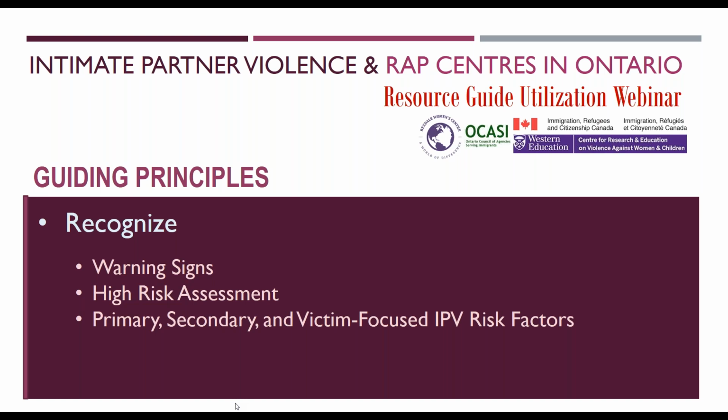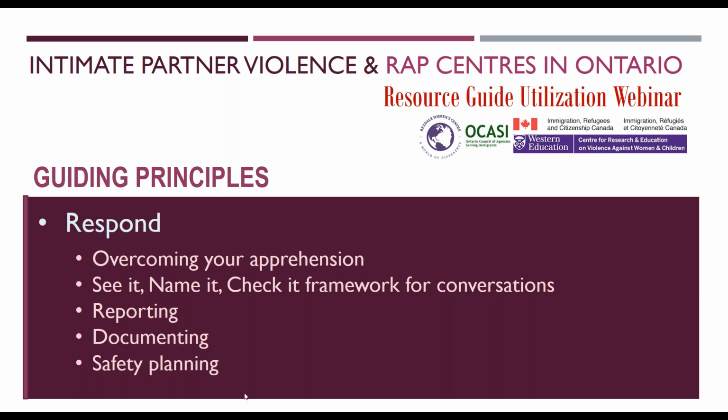Signs of high risk obviously are factors that have been found to escalate the level of threat or risk in any given situation. You'll also find primary, secondary, and victim-focused intimate partner violence risk factors, and you'll find those all within the subject matter of recognize.